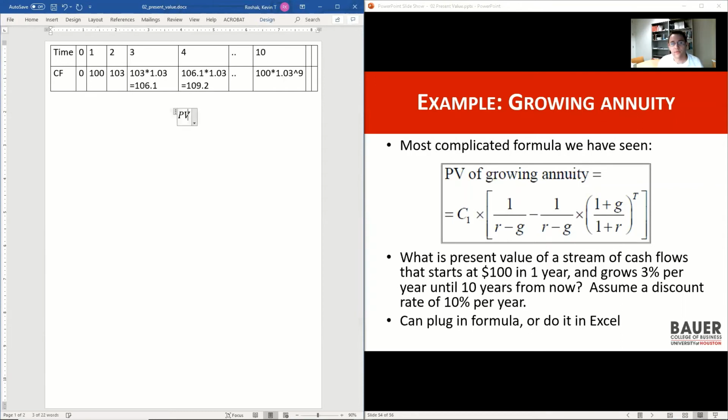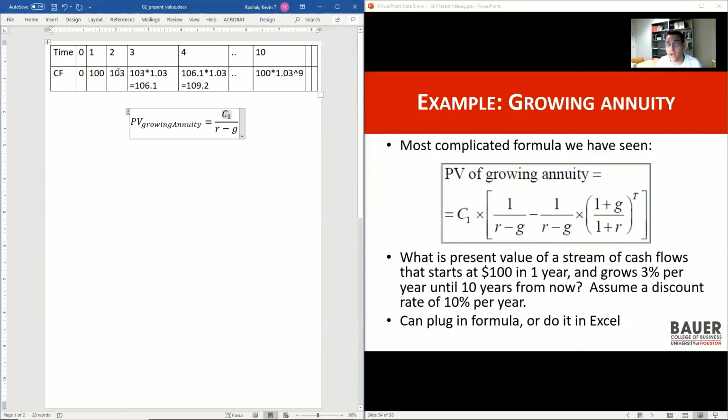Okay, so what's our formula for the growing annuity? Well, I'm going to pull out the R minus G terms. So you can use the formula in the notes, or you can use mine, which is a little bit simpler, I think. This cash flow should be subscripted 1, right?